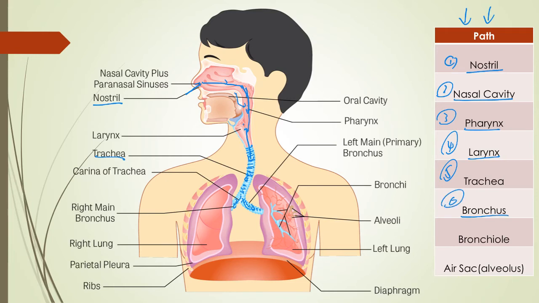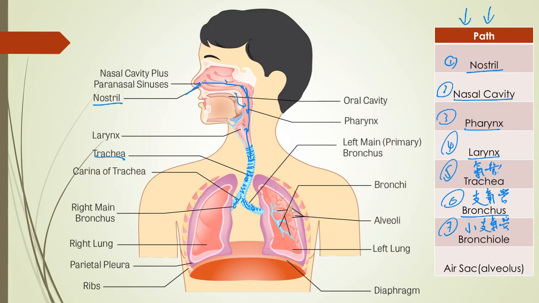Let me write down the Chinese name. Bronchi would be 支氣管, which will also branch into much smaller bronchiole, 小支氣管.